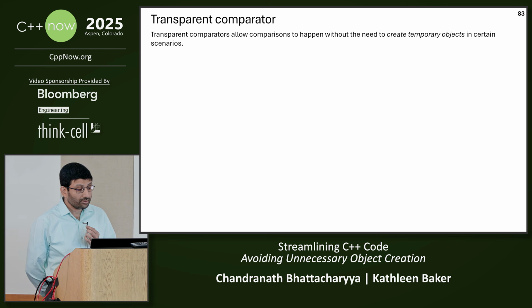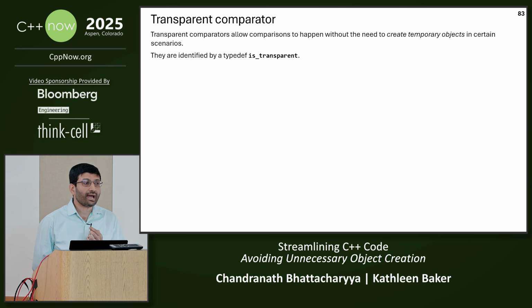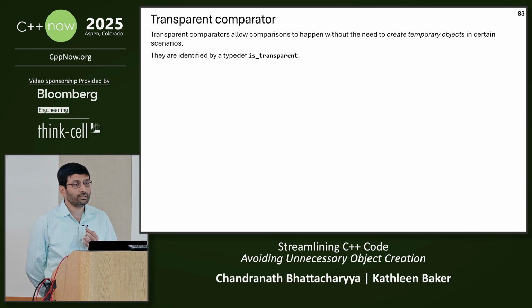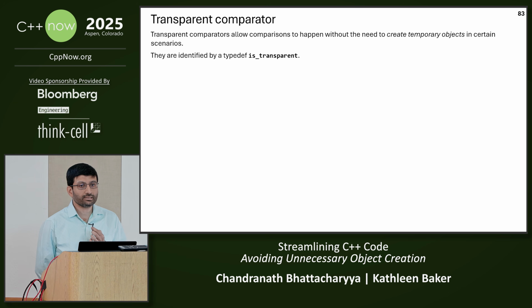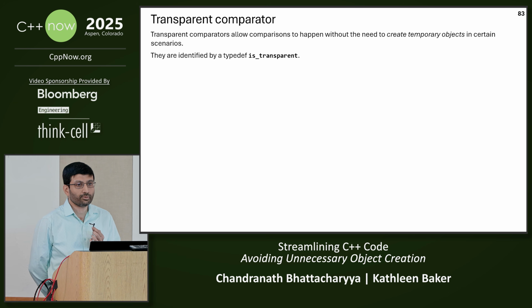So they allow comparisons to happen without the need to create temporary objects in certain scenarios. They were added in the standard library in C++14. In all our examples, we'll see only 3 functions, count, contains, and find. However, they were added to other lookup functions also, like lower_bound, upper_bound, equal_range.